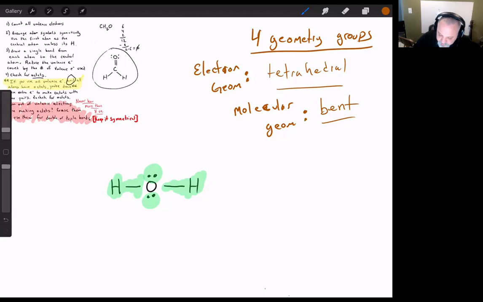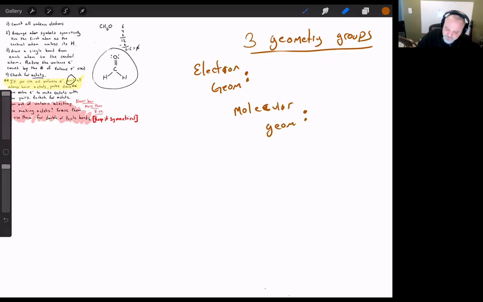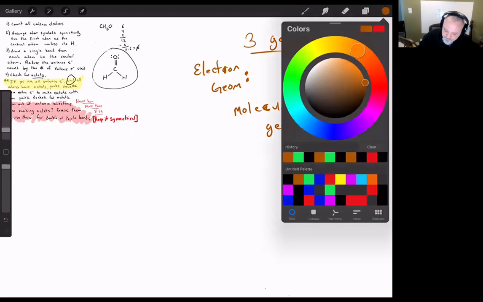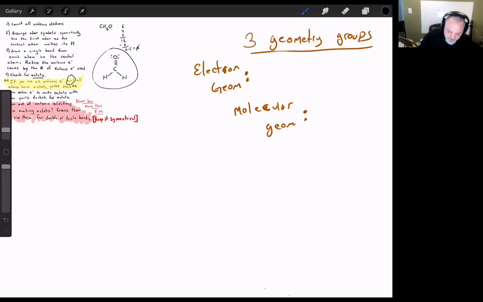Okay, let's go back to another example. It involved 3 geometry groups. It was the last one that I did. It's still up there in the corner. It was CH2O. What's the geometry around that carbon?